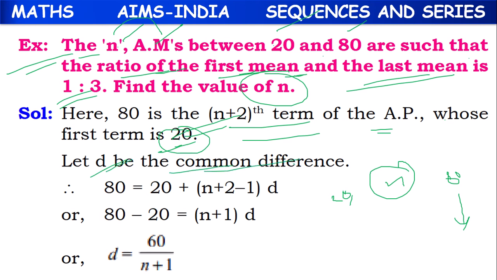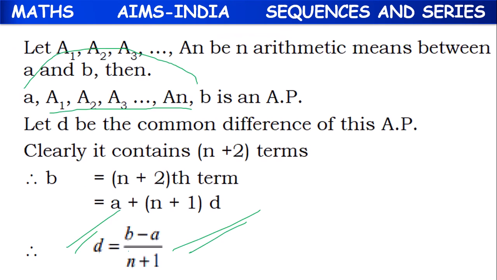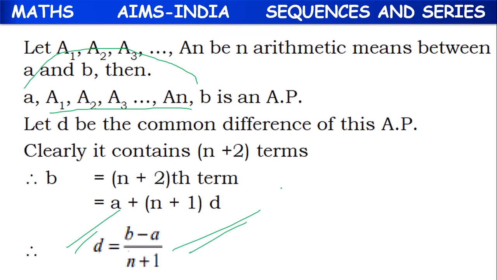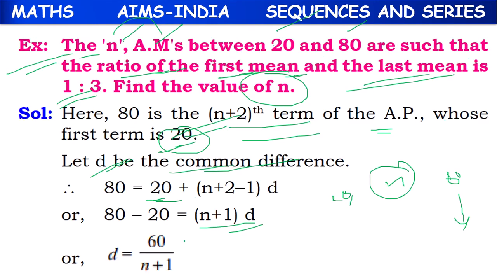For the common difference, we have the formula: A plus n plus 1 D, or the direct formula, b minus a by n plus 1, where b is 80 and a is 20. 80 minus 20 equals 60 by n plus 1.